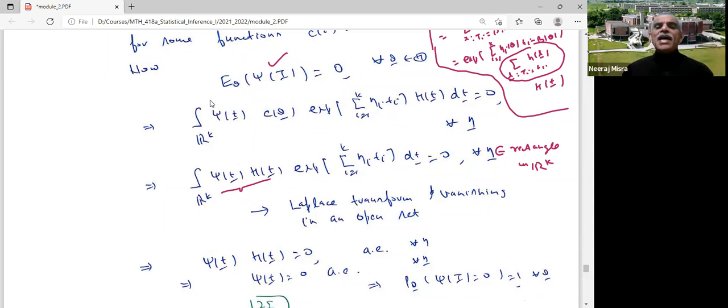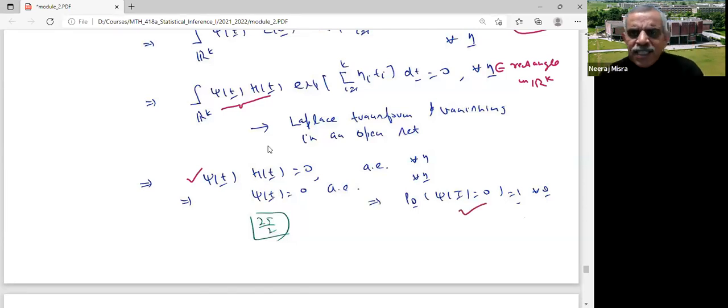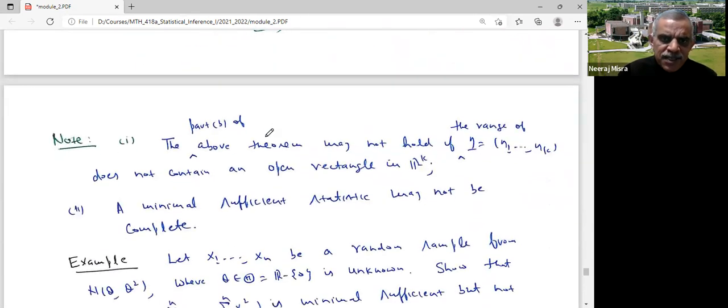And you know that if a Laplace transform vanishes in an open rectangle in R^k, then the k-dimensional function would be 0. And what is the k-dimensional function over here? Psi(t) into h(t). So this would imply psi(t) into h(t) is 0, which would imply that psi(t) is equal to 0 almost everywhere. So that means the probability that psi(t) is equal to 0 is 1. So that's the uniqueness of a Laplace transform being used over here.